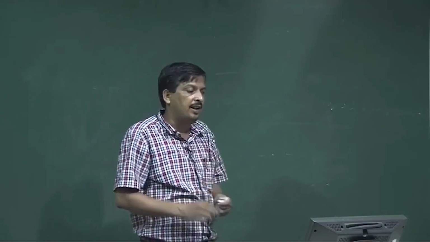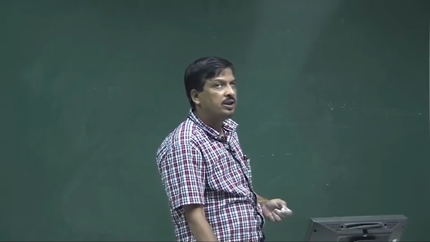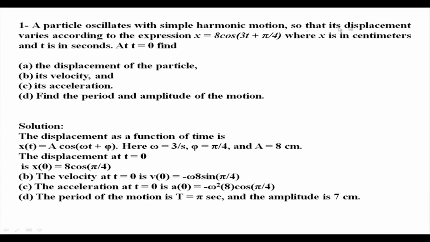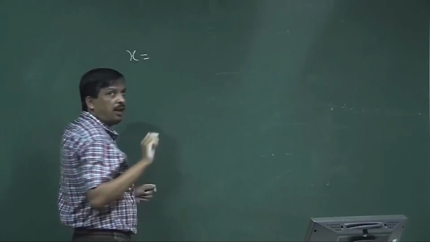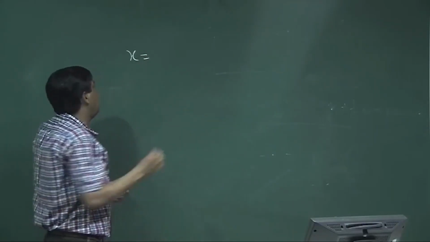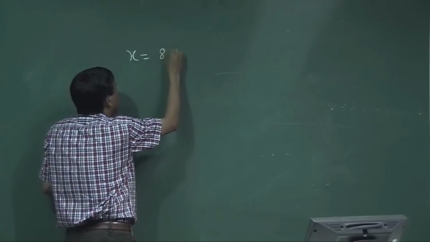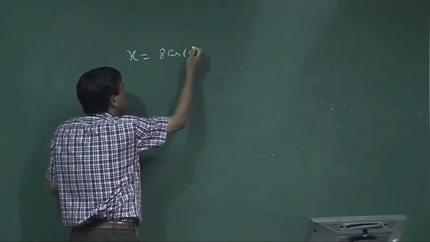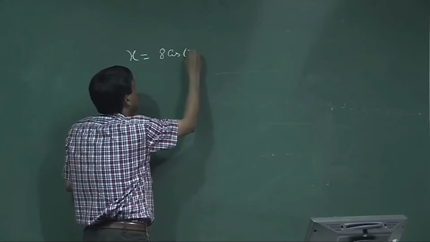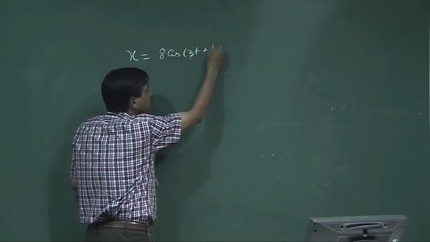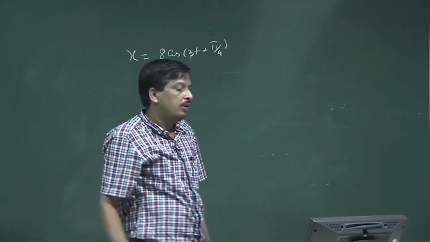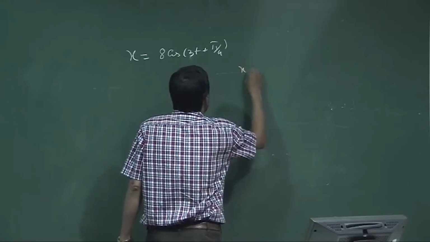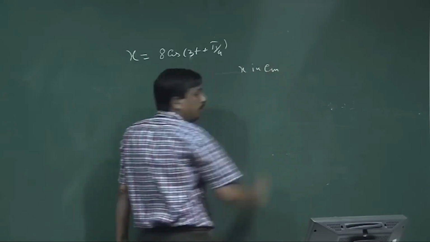It is said that a particle oscillates with a simple harmonic motion, so that its displacement varies according to the expression x is equal to 8 cos(3t + pi/4), where x is in centimeter.